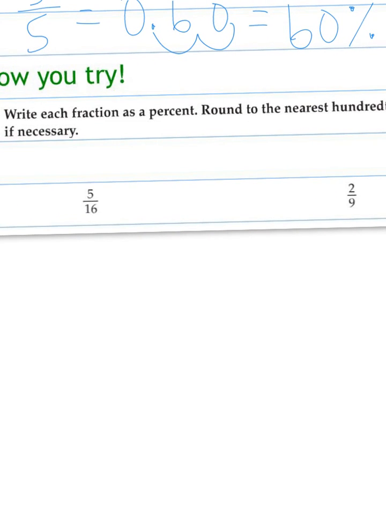Here are 2 for you to try on your own and then come back and check. 5/16, let's write that as a decimal first. Numerator divided by denominator. Okay, 0.3125. Turn this into a percent by moving my decimal 2 to the right. So 31.25%.